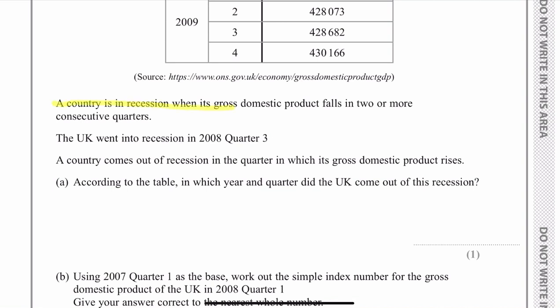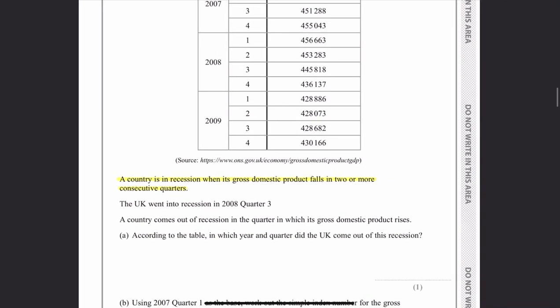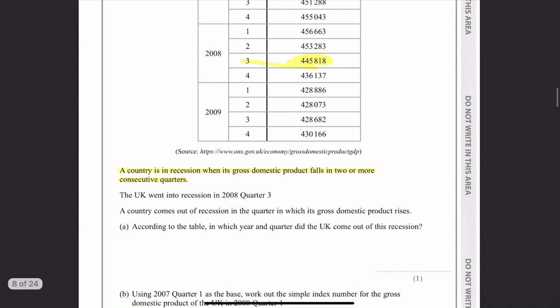So here it defines what recession is, which is quite nice. The UK went into recession in 2008 in quarter 3. So 2008 quarter 3, this is when it goes into recession. So that means it's going down.